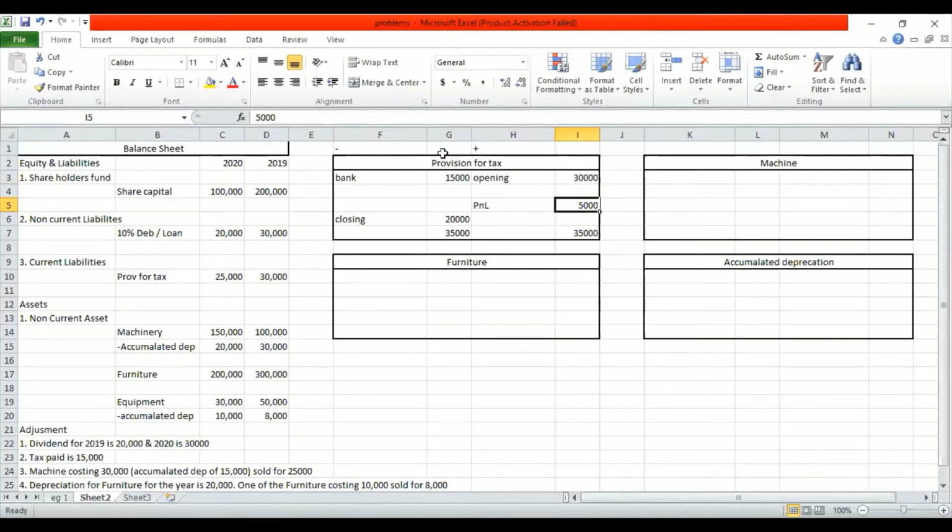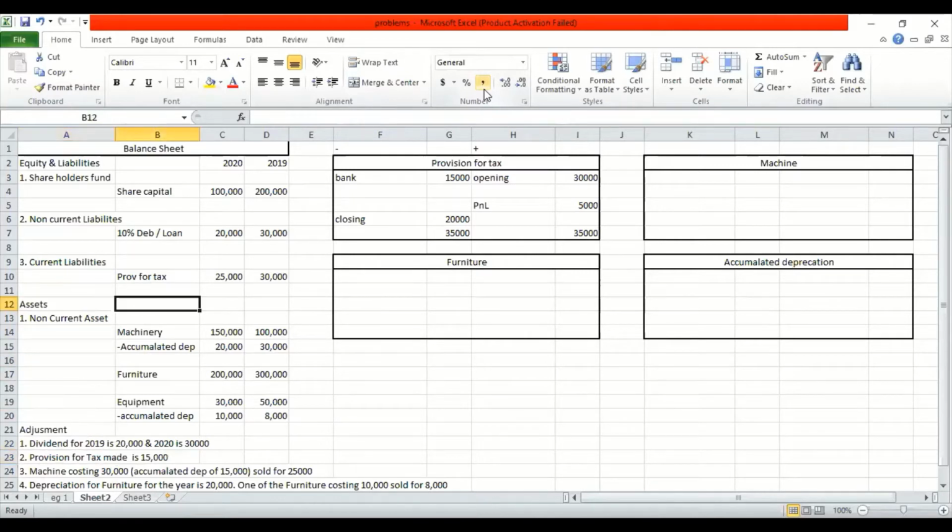Tax paid, the journal entry is tax to bank. Now let's say that instead of tax paid, they have mentioned provision for tax made is 15,000. If this line comes, then what are you going to do? How do you make provisions? Provisions are always made out of your profits. So the journal entry is P&L account debit to provision for tax.